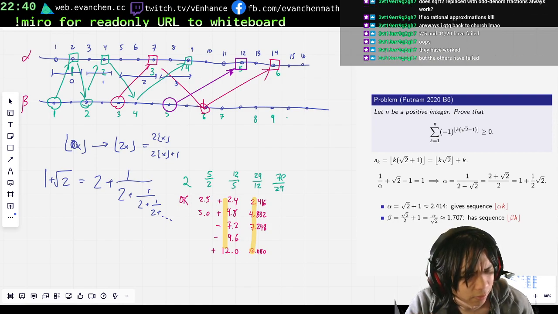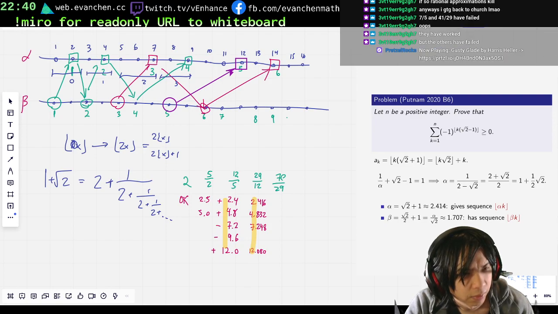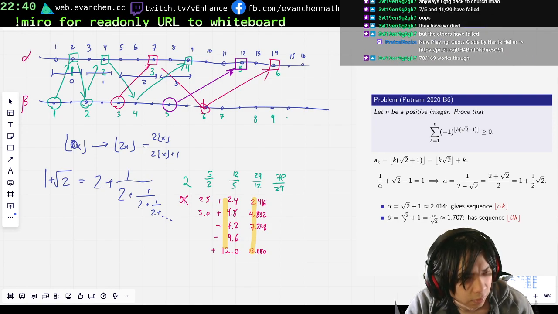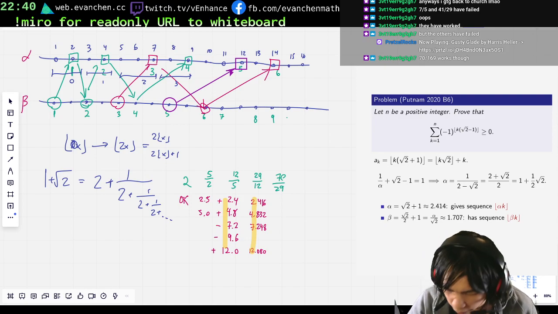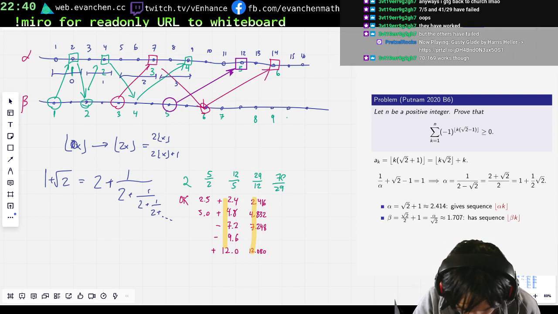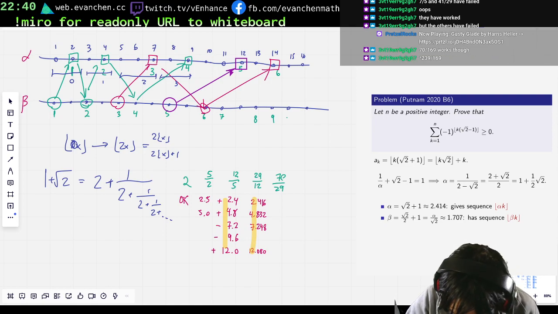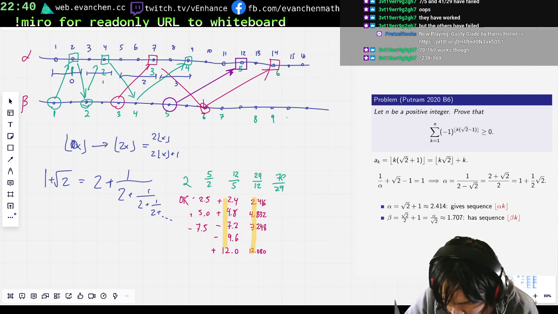No, I didn't. What do you mean 7/5 failed? Oh, the others failed, okay. Oh, 5 halves will actually fail. Oh, I see what you're saying, right? Because the next term in this sequence is 7.5. So this is like minus, plus, minus. So it's possible we're going to have to claim just the odd.